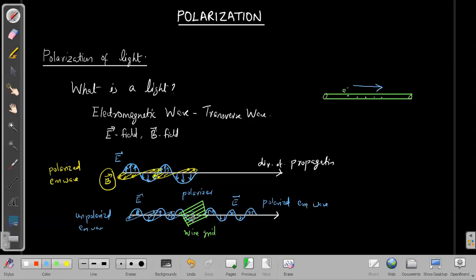Here what we have done is we have polarized the electromagnetic wave by absorbing some part of it. And this type of polarization is called polarization by absorption. This is one method, and technically it is called dichroism or selective absorption.